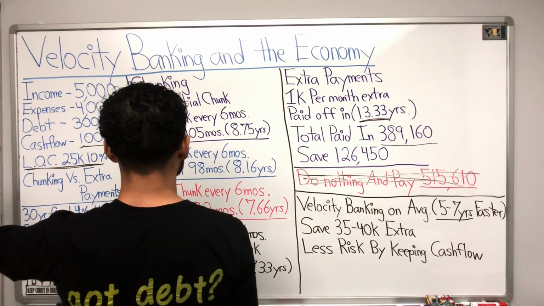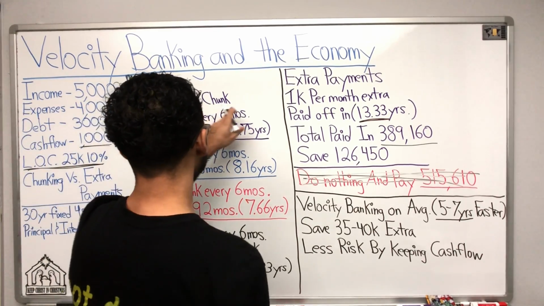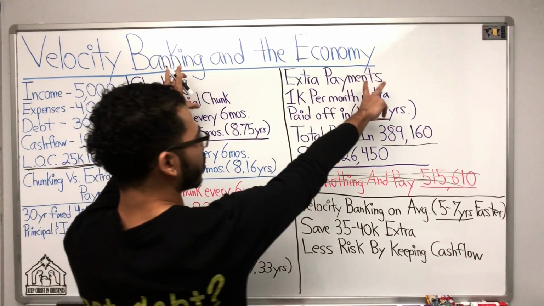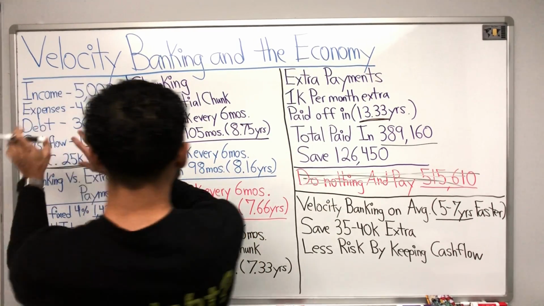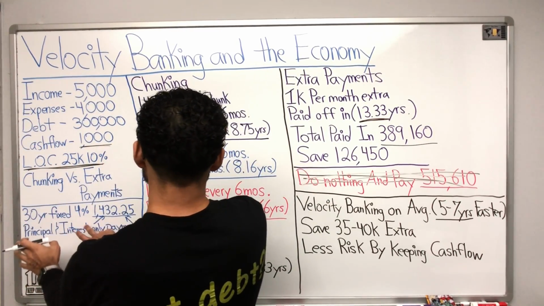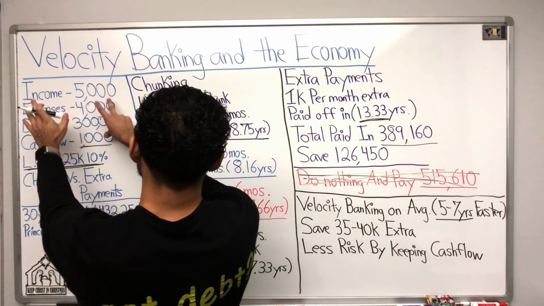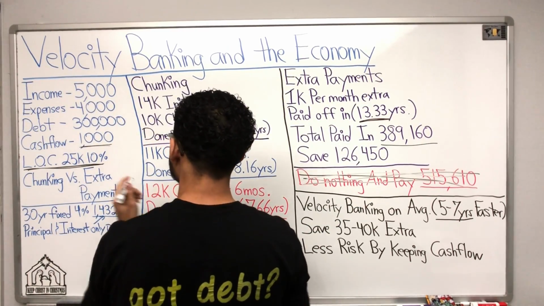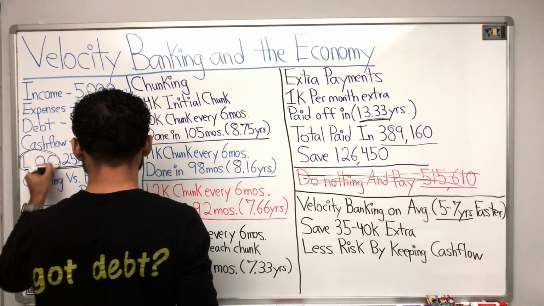Simple. We're going to go over that. If on day one we both start at the same time, both have a 30-year mortgage at 4%, same payment, same income, everything's the same. The only thing that changed is that I have a line of credit.